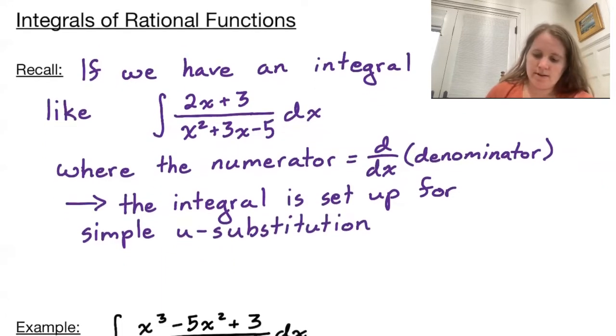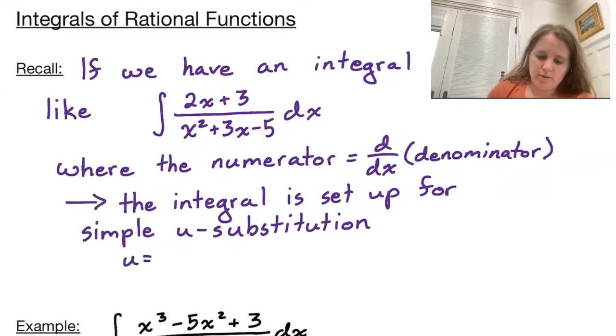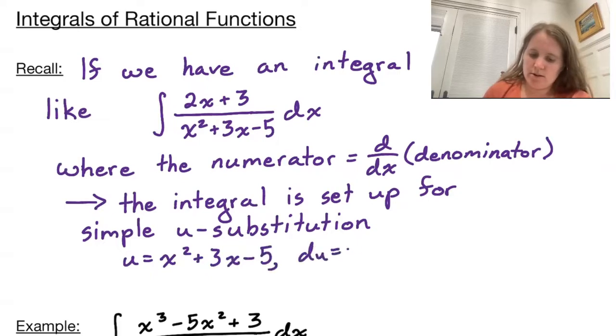In this case, we would set u equal to the x squared plus 3x minus 5. Du would be precisely our 2x plus 3 dx.